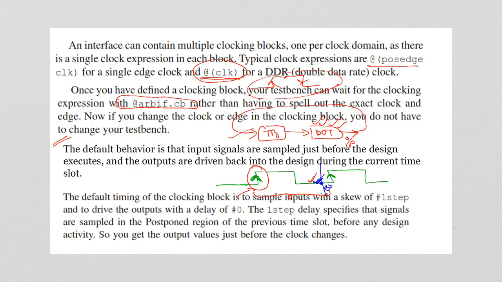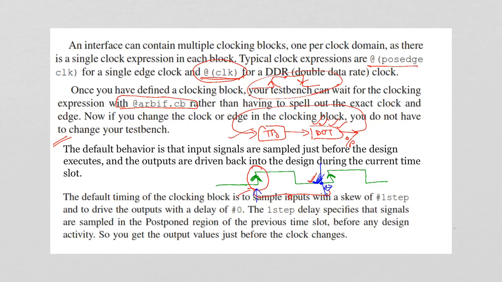So whenever the data stabilizes, you must sample it, but you should not enter into the next clock edge. So within the current cycle, you are going to sample the outputs of the DUT as late as possible in the current cycle. Whereas the inputs driven into the design, that means outputs of the test bench driving inputs of the DUT, are at the clock edge itself.